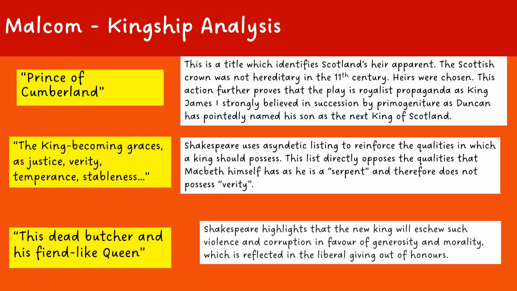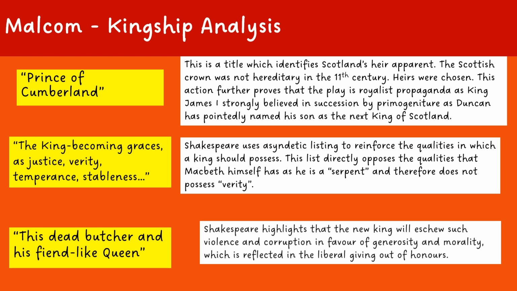Now, this further proves that the play is a piece of royalist propaganda, okay, because King James I strongly believed in succession by primogeniture, which is the idea that just the elder son ascended the throne. And here we've got Duncan pointedly naming his son as the next King of Scotland, which King James I would have supported.